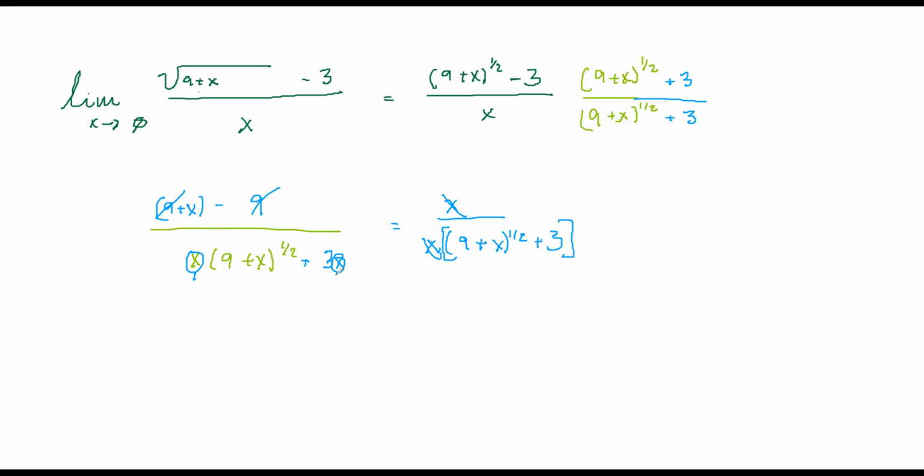I had 1 x here, and I had 1 x here, and so I just pulled the x out of both of those and put brackets around this whole thing. So if I were to distribute the x, I would end up with x times 9 plus x to the 1/2, and then I'd also distribute the x over here, so I'd end up with +3x, which is exactly what I have over here. I'm wondering if you're following.